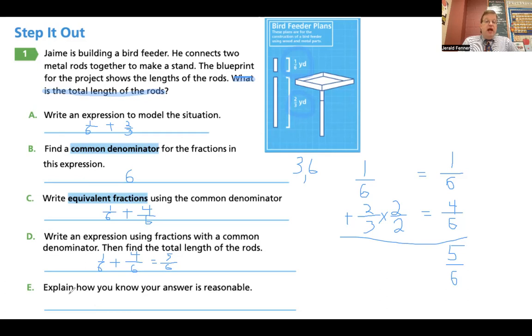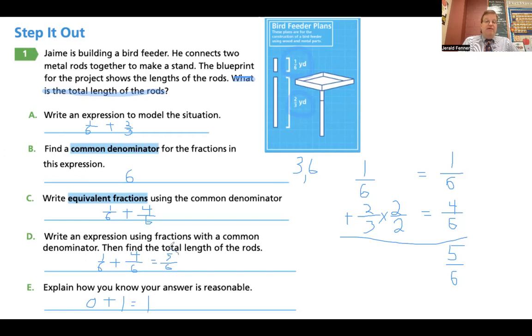And so how do you know your answer is reasonable? Well, if you look at 1/6 and we used benchmarks, 1/6 is closer to 0. And 2/3 is closer to 1. So 0 plus 1 equals 1.